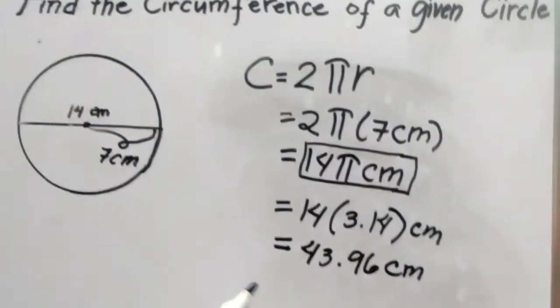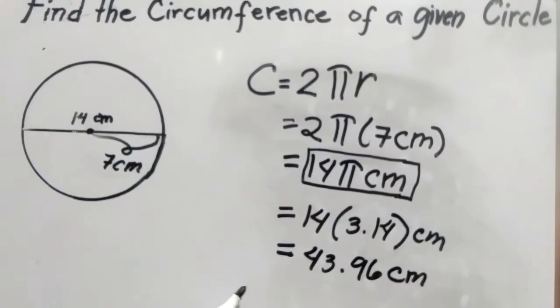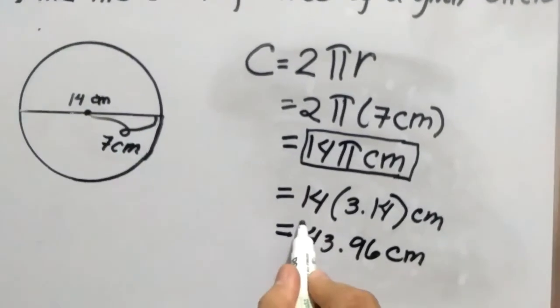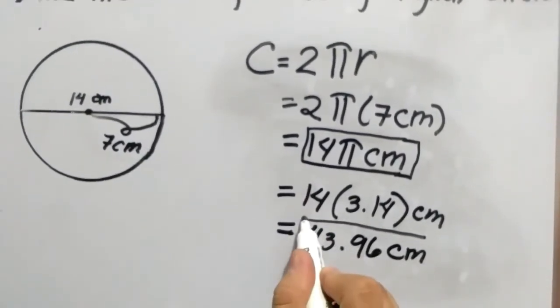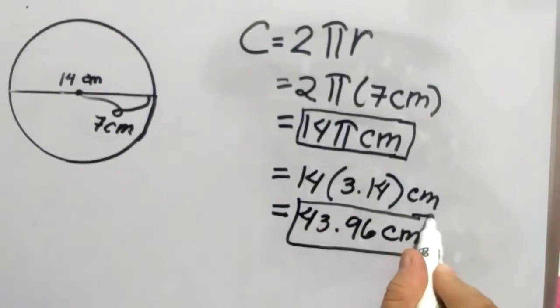So another way to write the circumference of the circle shown is 43.96 centimeters.